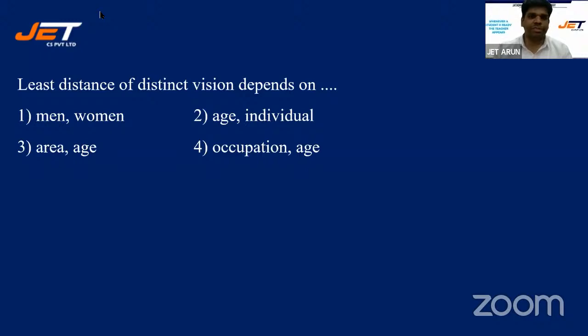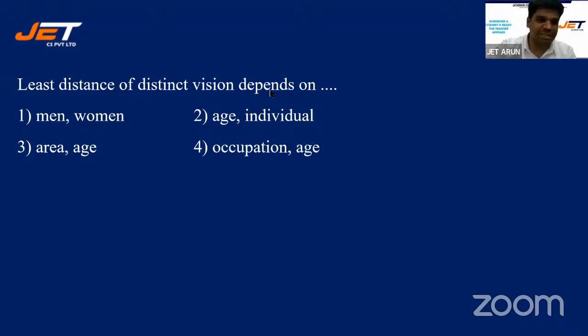The least distance of distinct vision depends on, what does it depend on, students? Does it depend on occupation and area? Oh God, such ridiculous options. Area may depend on the age of the students. Distinct vision. Okay, I should get an exact answer.